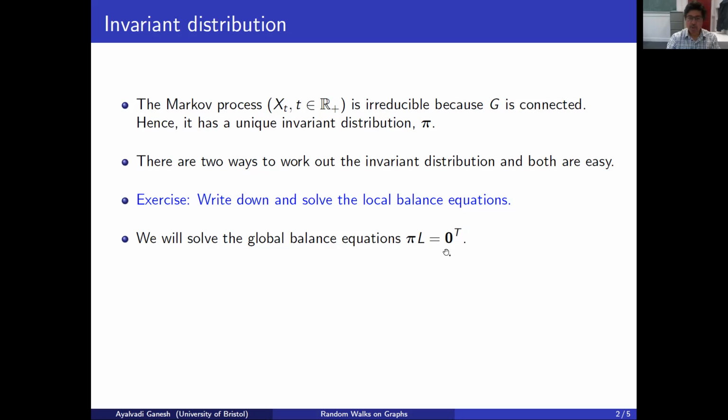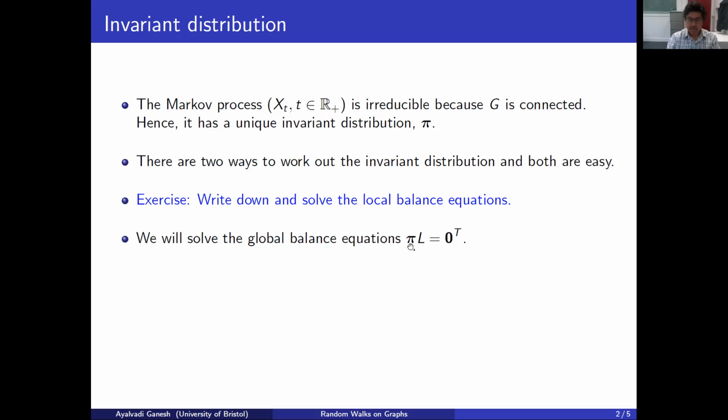Just a quick remark about convention. Vectors will be column vectors unless otherwise specified. So 0 is a column vector, 0 transpose is a row vector. Probability distributions are a bit special. They are vectors on the state space, but by default, probability distributions are always taken to be row vectors.